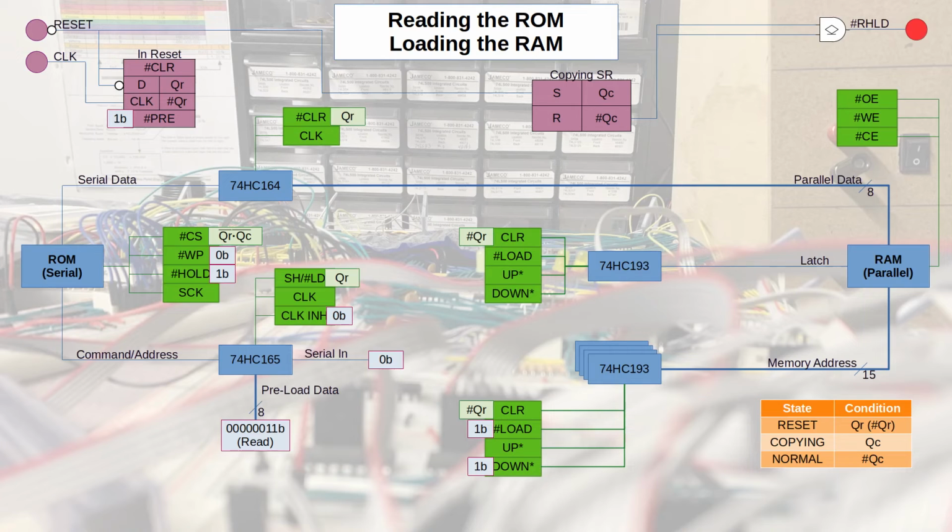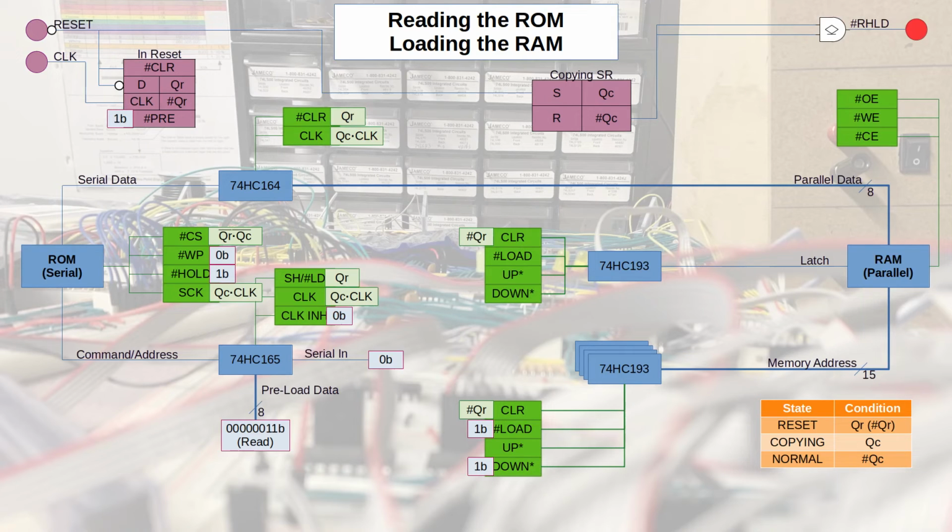But if we AND those two signals together, the result will come high after the reset is complete and that state is latched properly, and while copying is still taking place. Now, chip select is an active low signal, so if we invert that using a NAND gate instead of an AND gate, that presents the signal properly to that pin.